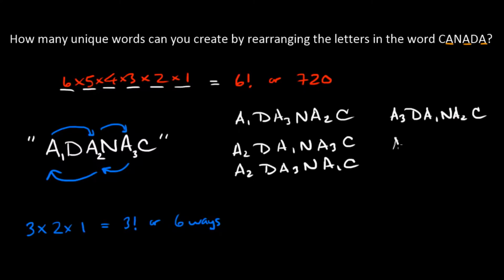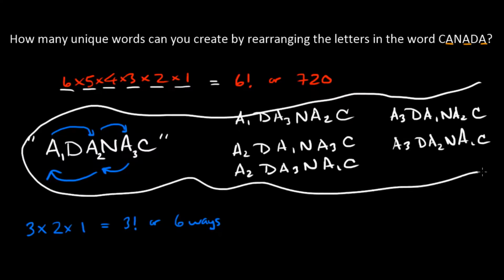And then finally the easy one, now I just have to go A3 again and swap these 2, A2 and A1. So hopefully you see all of this as a whole lot of redundant writing. There's 6 unique ways if A1, 2, and 3 are distinct, but of course once we remove our subscripts they're not distinct.